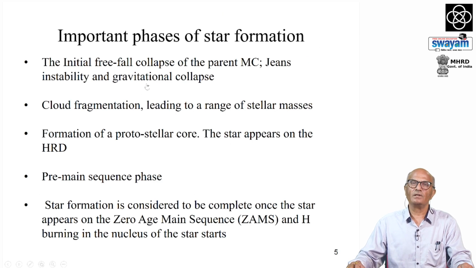So, this aspect I just explained to you, that the important phases of star formation can be summarized as the initial free fall collapse of the parent molecular cloud, which I called the giant molecular cloud, governed basically by Jeans instability and gravitational collapse.